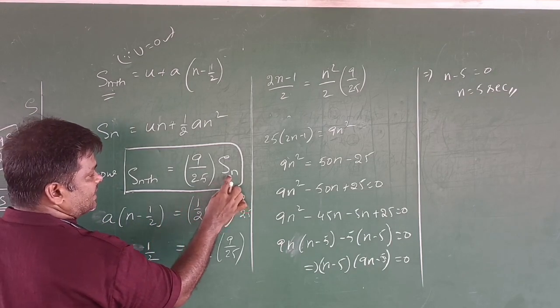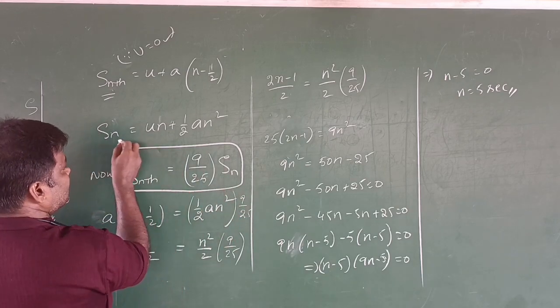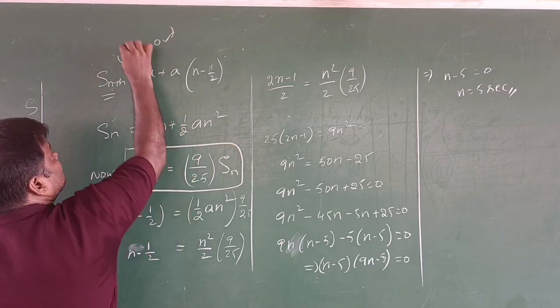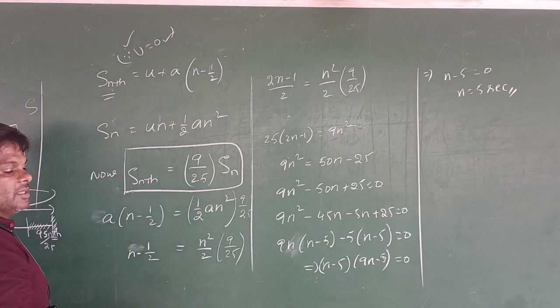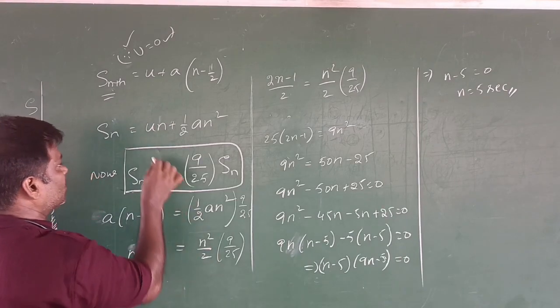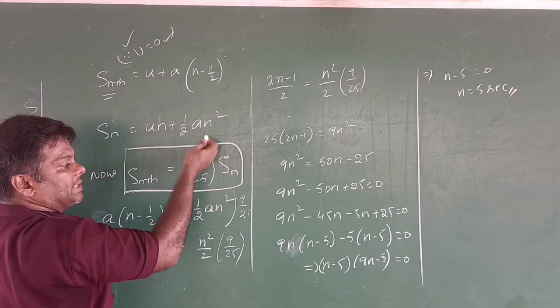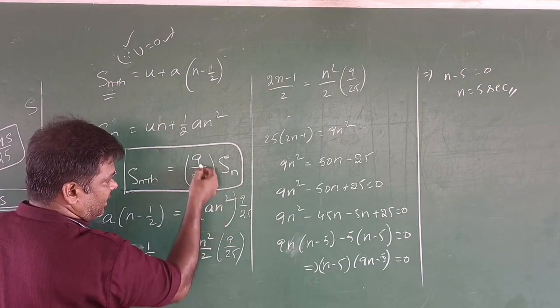Instead of writing Sn, the distance covered in n seconds, Sn is equal to un plus half an square. Since the initial velocity is equal to 0, 0 into n becomes 0, then only half an square remains. That's what I wrote here. Half an square into 9 by 25.